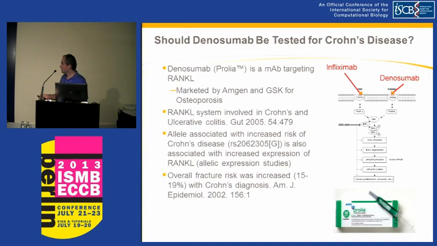So there are some papers involving that gene in Crohn's and UC. What our colleagues at McGill found was that the risk allele was associated with increased expression. That was useful to know because Denosumab is an antibody. So I think we were going in the right direction, as we wanted something to reduce the expression.